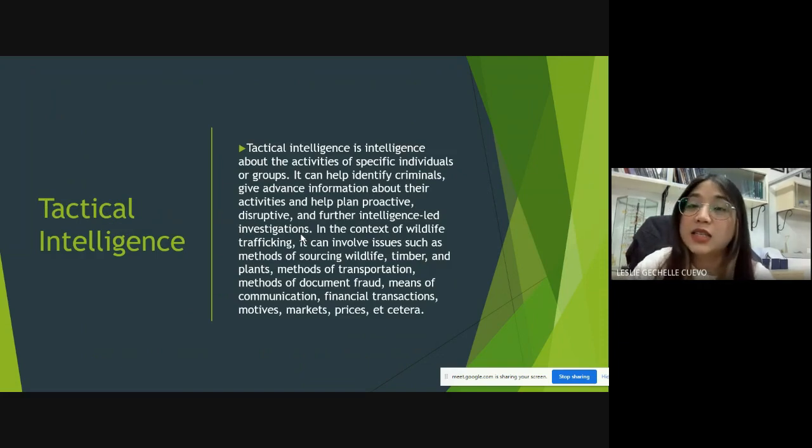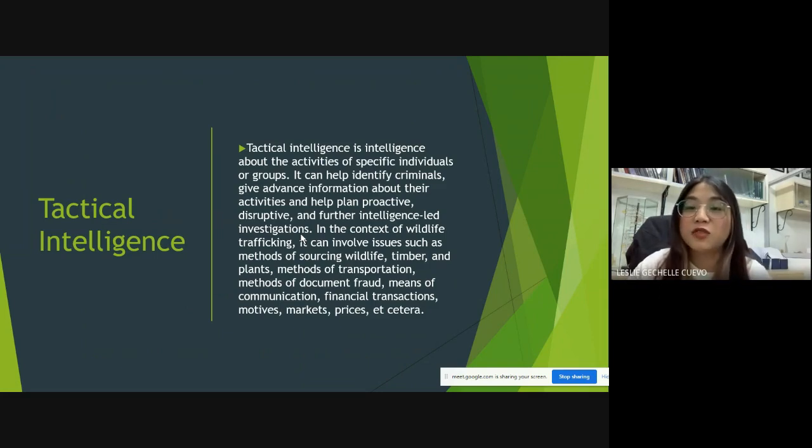Tactical intelligence is intelligence about the activities of specific individuals or groups. It can help identify criminals, give advance information about their activities, and help plan proactive, disruptive, and further intelligence-led investigations.